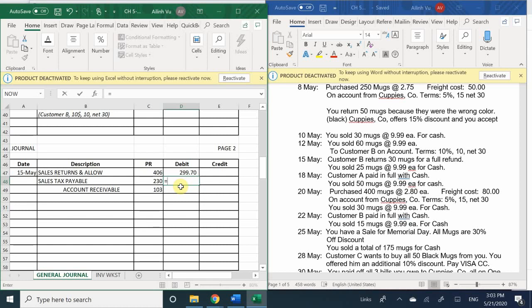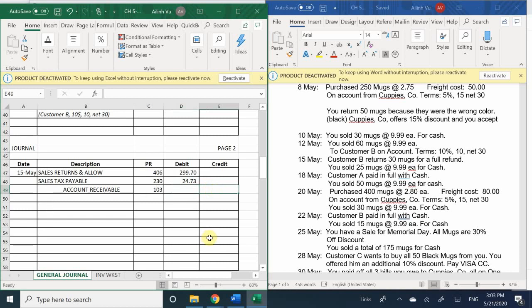How much tax do we have to return? 8.25%. So $24.73.